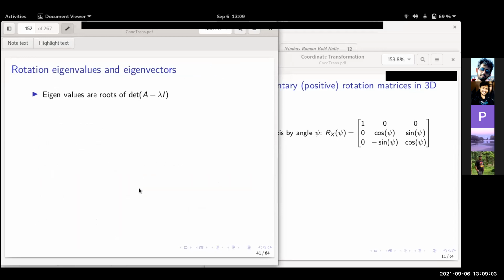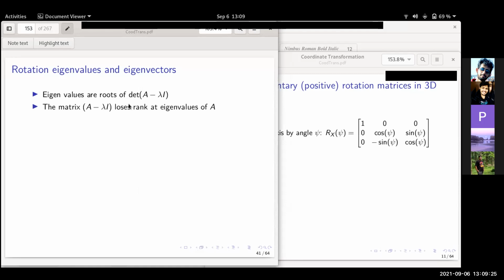Let us now look at the other properties of this rotation matrix. What are the eigenvalues and eigenvectors of this matrix? Let us see if we can compute at least some of them. Eigenvalues are roots of the determinant of A minus lambda I. This is the basic definition.